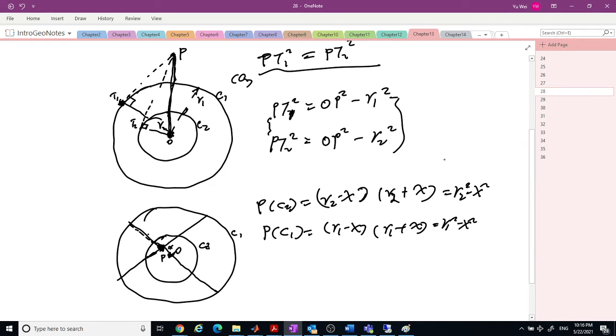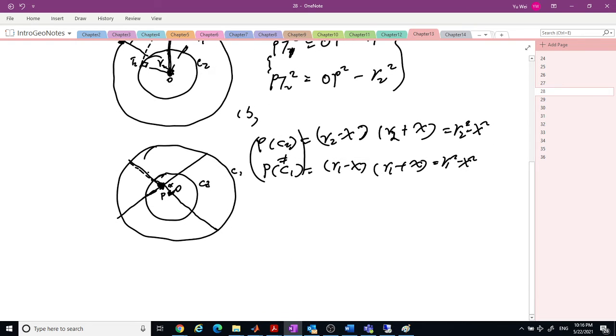R2 doesn't equal R1, so there's no way the power of the point is the same. So we proved the second problem.